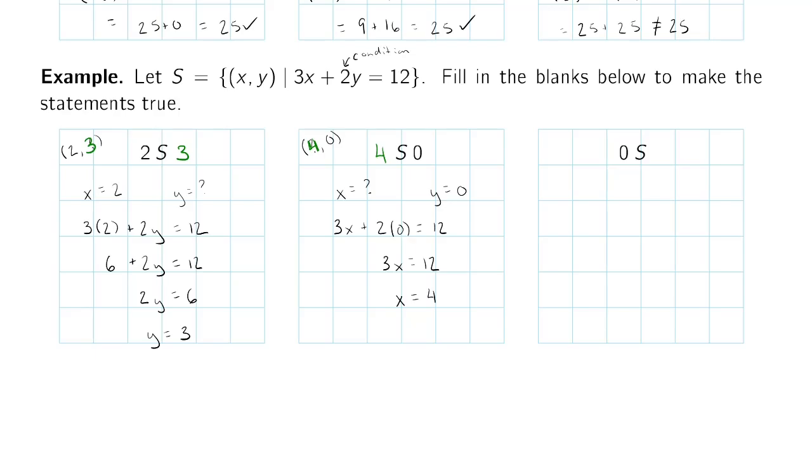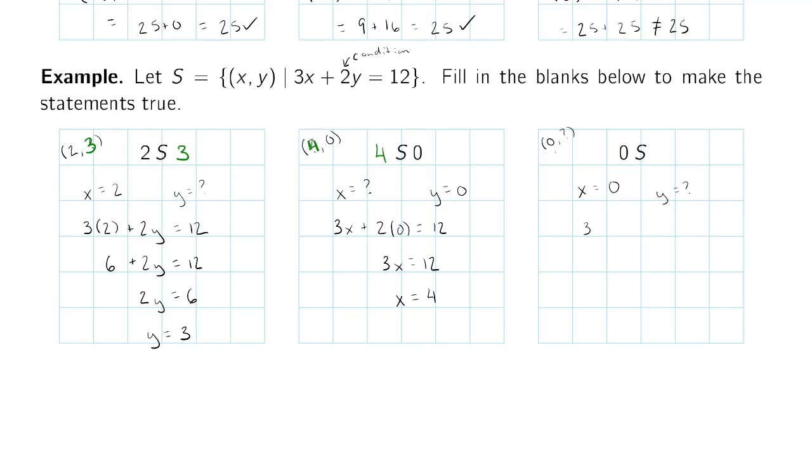And of course, order is important here, right? When we wanted to say what was related to 0, we were looking for an x corresponding to y equals 0. When we want to say 0 is related to what, we're looking for a y so that 0 is related to y. So when x is 0, what is y?